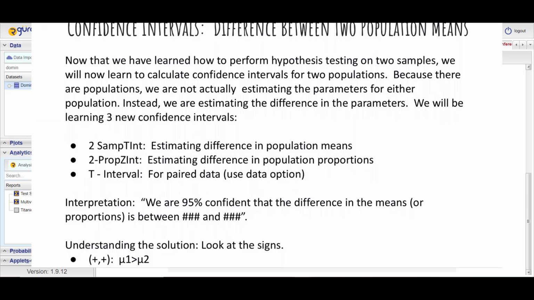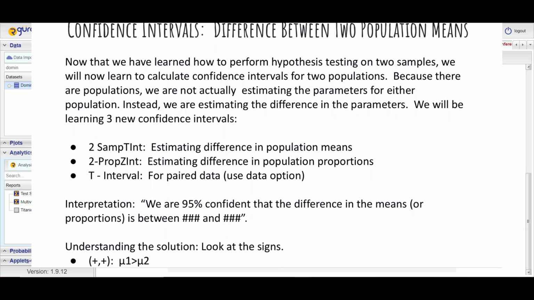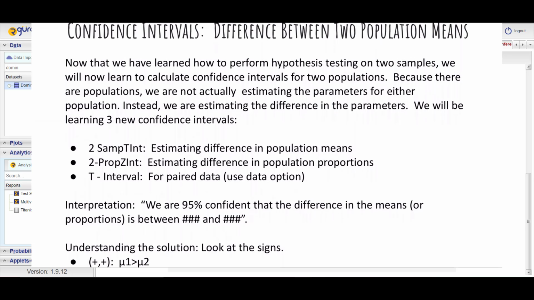So just to remind you, if you were doing a 2 population mean inference, then what you're doing when you find the confidence interval for that is you're estimating the difference between the population means. And if you were doing a 2 population proportion interval, you're estimating the difference in the 2 population proportions.